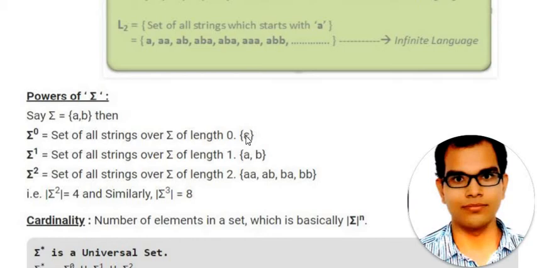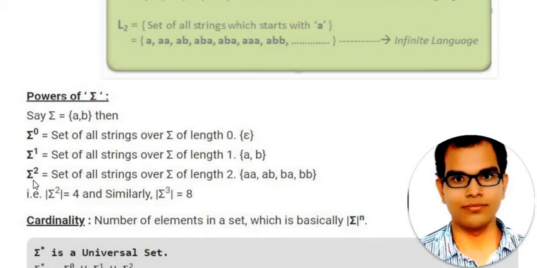We can denote it with epsilon, or also with the other symbol. Similarly, sigma to the power 1 means the set of all strings over sigma of length 1. If we make strings with this sigma of length 1, that will be only a and b.